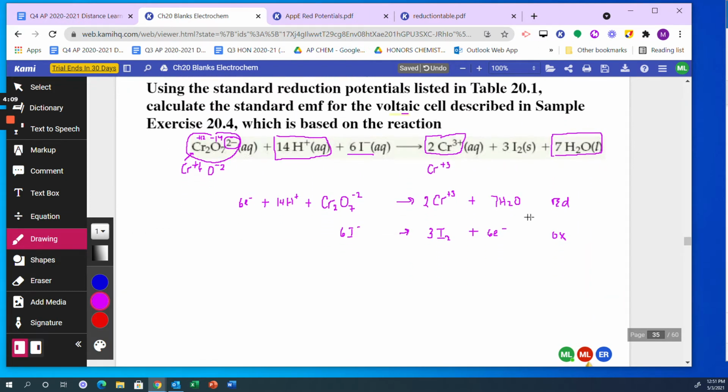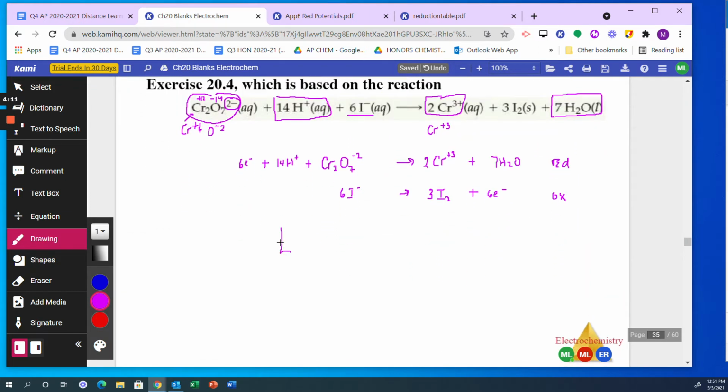Okay. So I'm going to do my formula. E cell is equal to E cathode minus E anode. The reduction is the cathode. Reduction is what happens in the cathode, and oxidation happens at the anode.